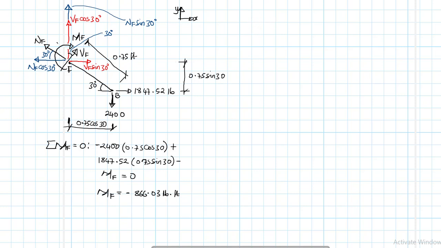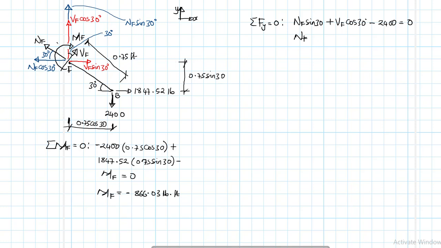Right. So let's start with summation of forces in the y equal to 0. What do we have? We have NF sine 30 plus VF cos 30 and then minus 2400 is equal to 0.